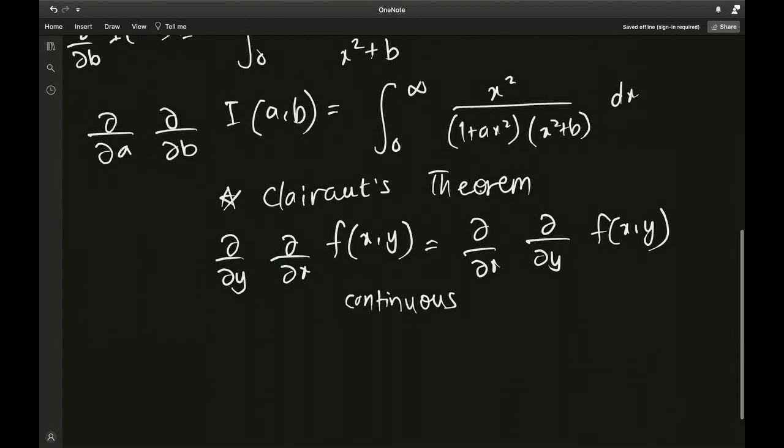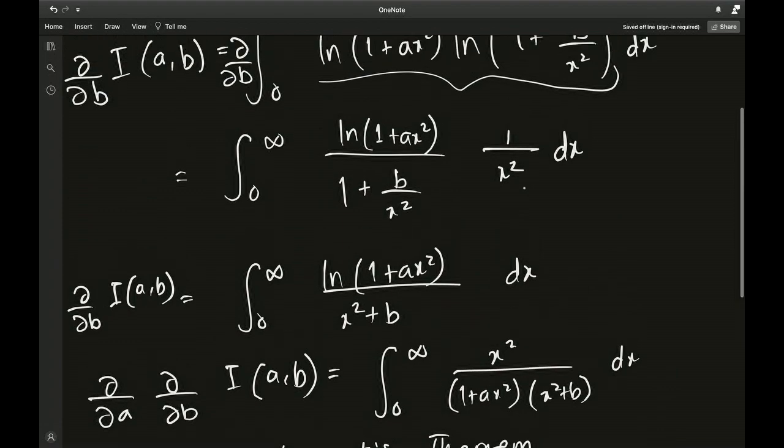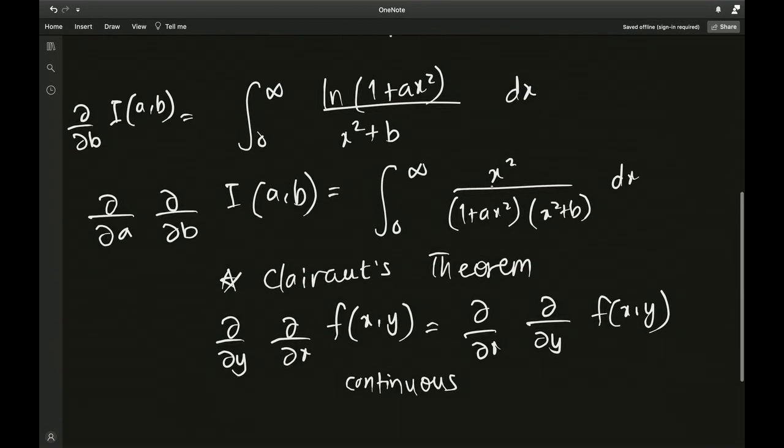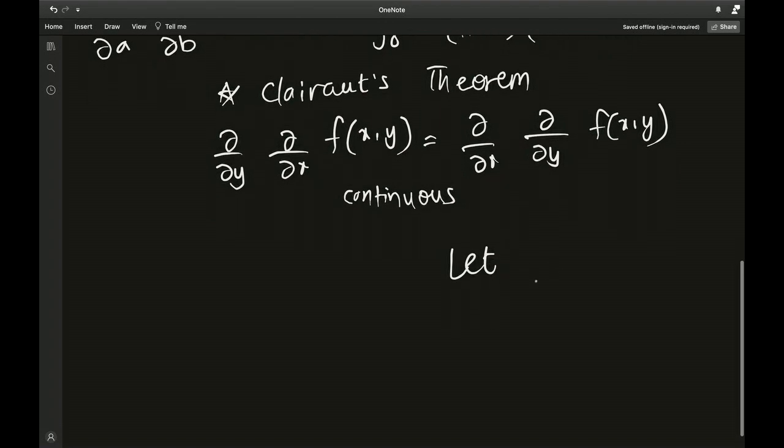Now the advantage of having such an easy integral is that there are no natural logs and we can use partial fraction decomposition. So just for partial fraction decomposition, I would say let u equal x squared.